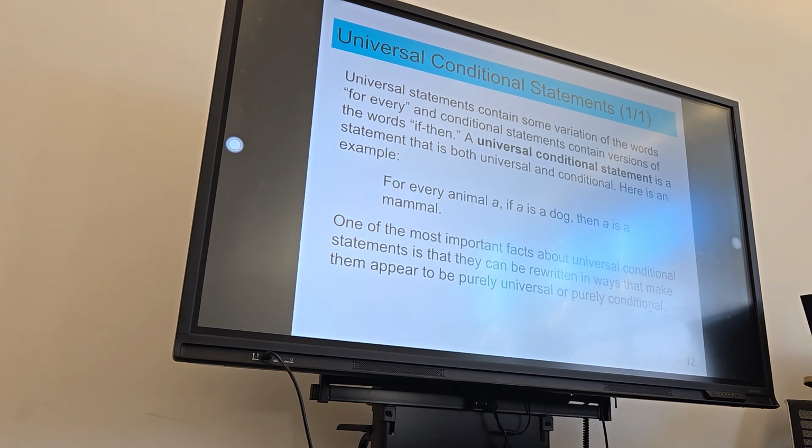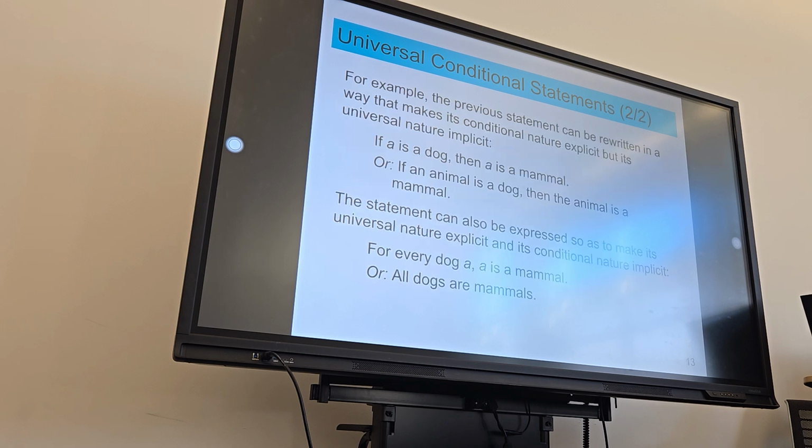Universal conditional statements can also be written in ways that make them purely universal or purely conditional. For example, if A is a dog, then A is a mammal. That's a conditional statement. That's explicit in the statement.